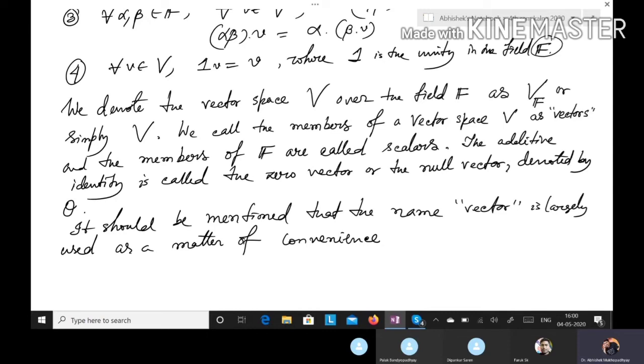That is, one may assume that vectors means it has some magnitude and some direction. But as of now, we do not need to put importance on the name vector, because we use this term for a larger class of spaces.